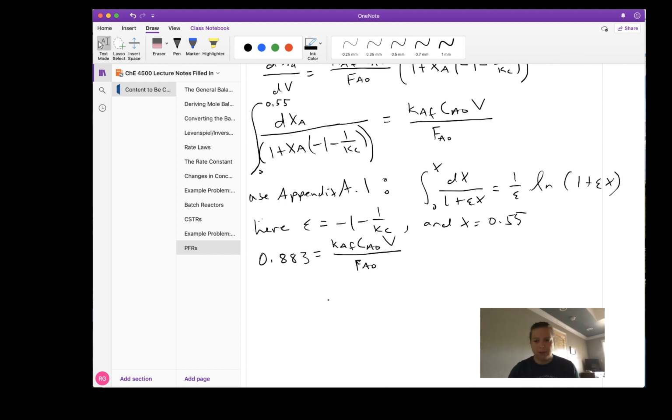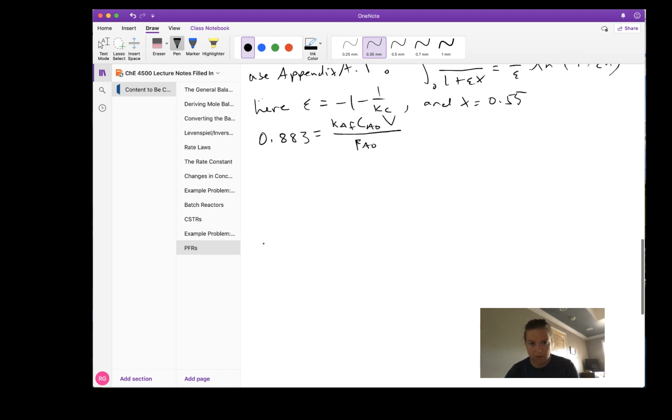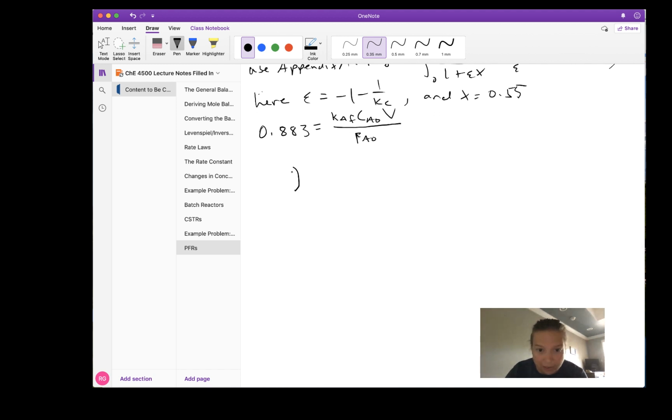Now I want to think about the scenario where I have two PFRs in series. If I think about what that looks like, I have my first PFR, A entering, A and B coming out, going into a second reactor.